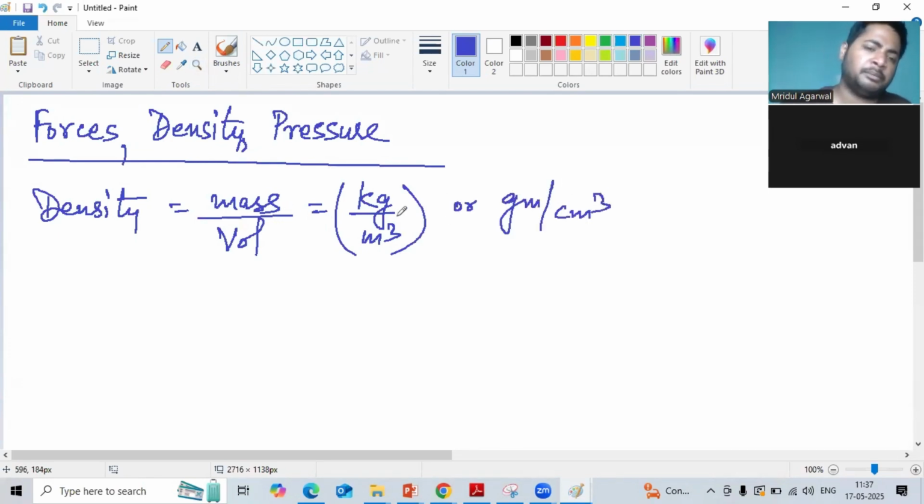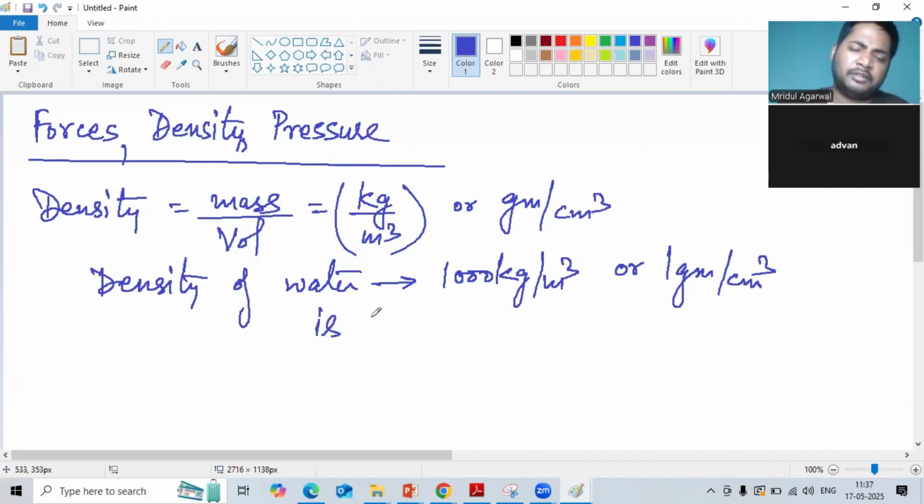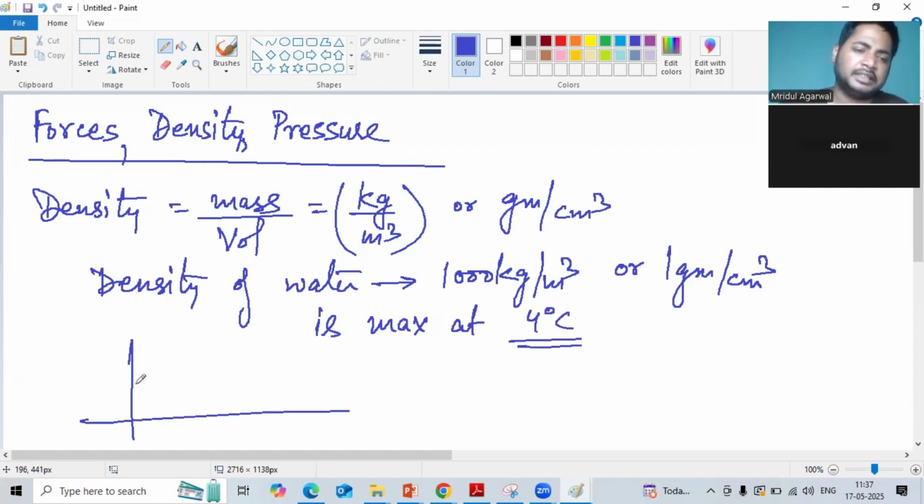You should remember that water has a density of 1000 kg per meter cube, or 1 gram per centimeter cube. And the density of water is maximum at 4 degrees Celsius.